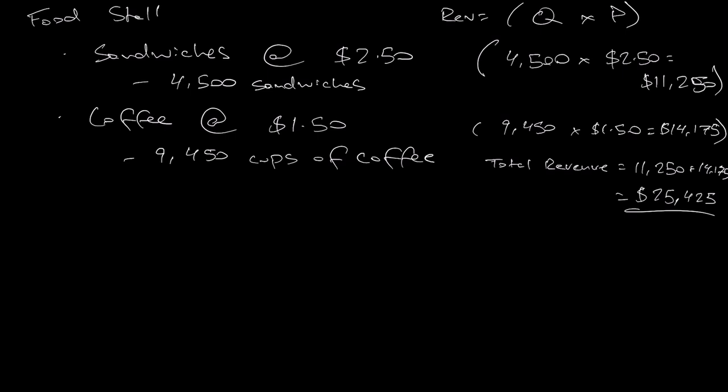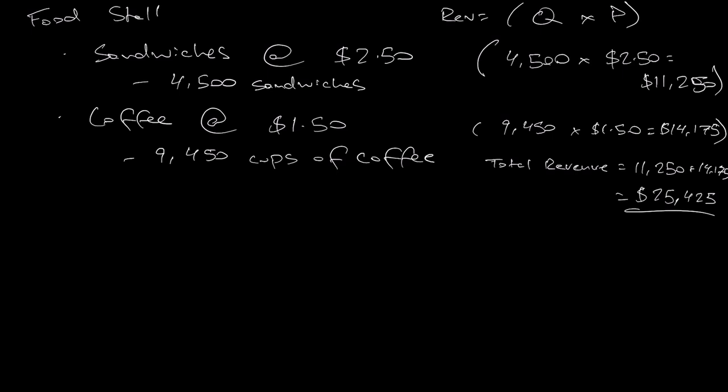Okay, so that's a pretty good figure for our company. Obviously, we're not aware of the costs of this food stall, so we can't actually make a decision on whether or not this will be profitable. But one thing that I am interested in is what would happen if we change the price of these products. Let's say, for example, that the food stall thinks they're doing a really good job of selling sandwiches.